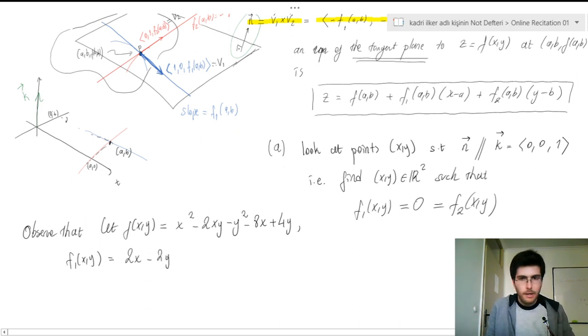Sometimes I may make some computational errors. If you really compute f2, you end up with something like this.